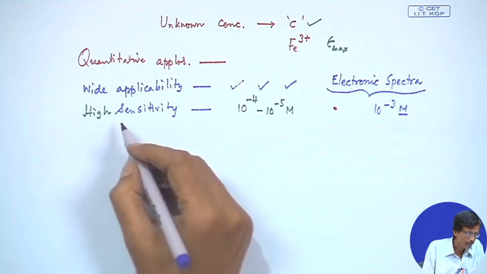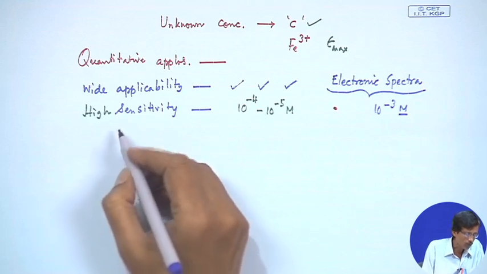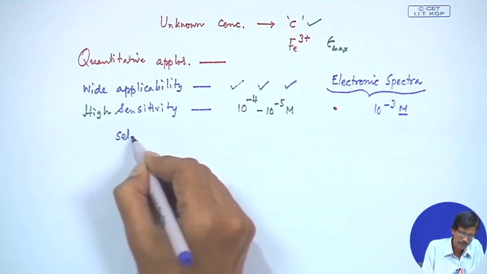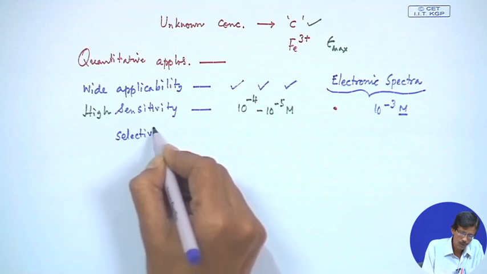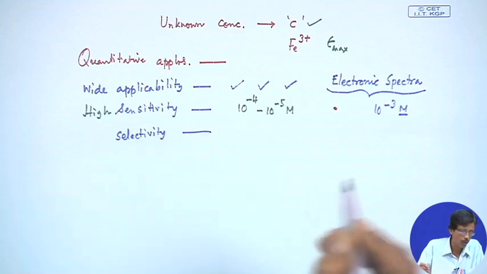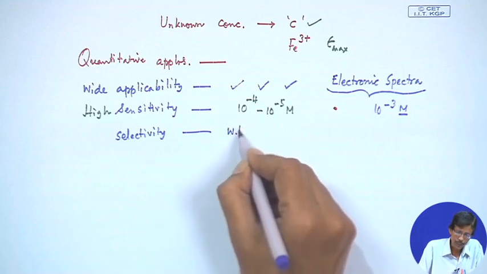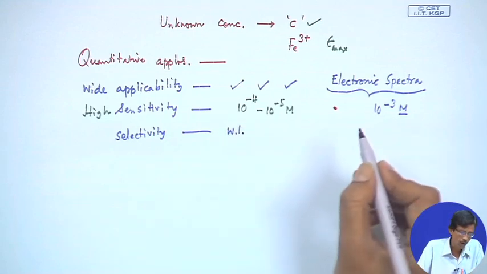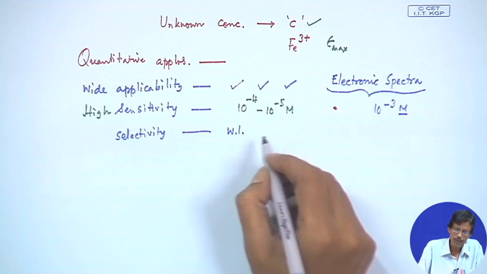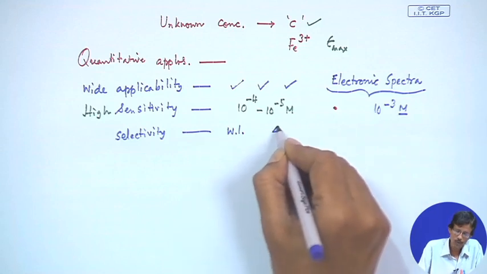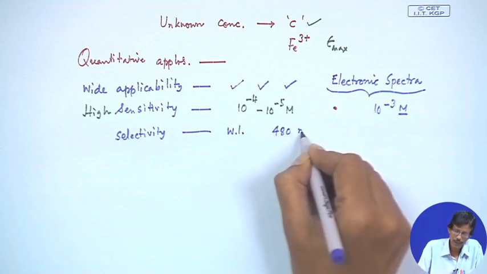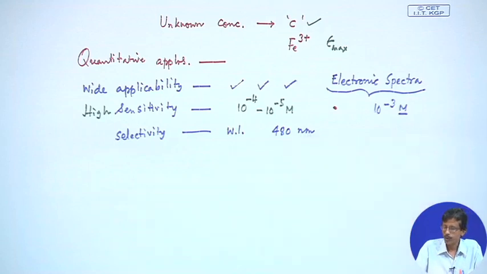Then after sensitivity, we can talk about the selectivity, because we are going for molecular characterization. The choice of the particular wavelength of the analyte is very important. We have seen that a particular wavelength, say 480 nanometer, is the characteristic wavelength for the iron thiocyanate complex.